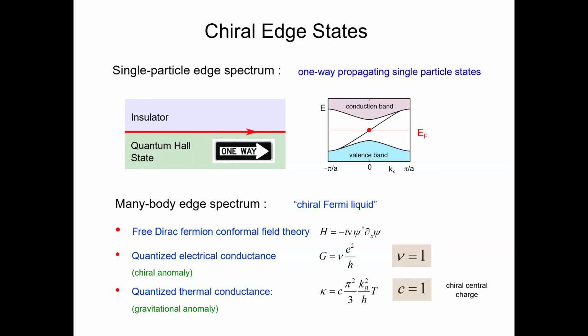There are different kinds of anomalies: there's the chiral anomaly, and there's also a gravitational anomaly. These anomalies are related to the fact that these edge states have a quantized electrical conductance, and they also have a quantized thermal conductance. These are two separate pieces of information about the many body ground state and low energy excitations of this chiral Fermi liquid. And so these are two different ways that one can think about this.